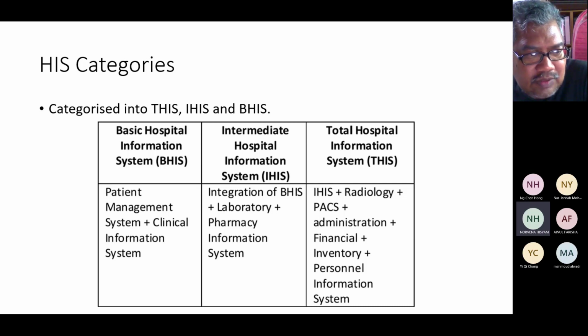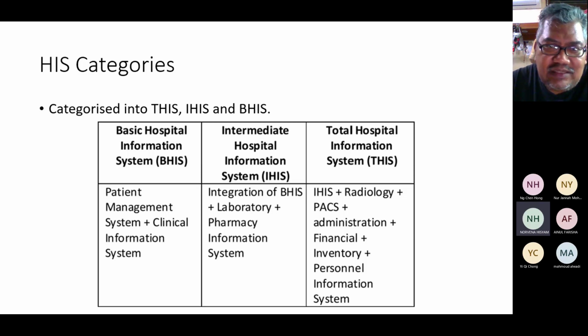So what is the difference in BHIS, IHIS, and THIS? So for BHIS, it's very basic. They just have records of the patient management system. So they can have admission, discharge, transfer, or they can have a recording of the patient's encounter.